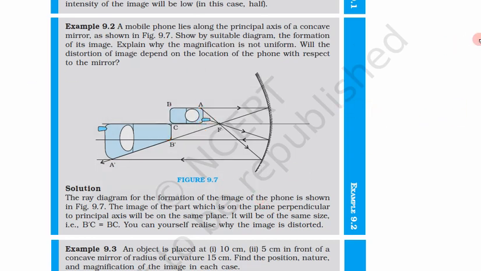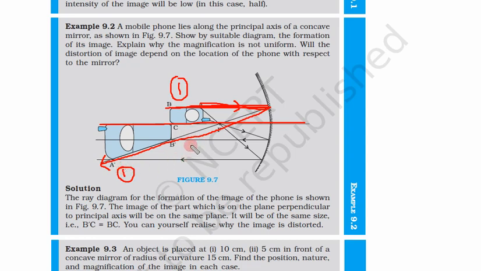So if we draw the ray diagram, this ray goes from this A and B, and this is parallel to the principal axis. So this is our principal axis and this ray is parallel to the principal axis. After falling on the mirror, it will go through the focus. This is ray 1.